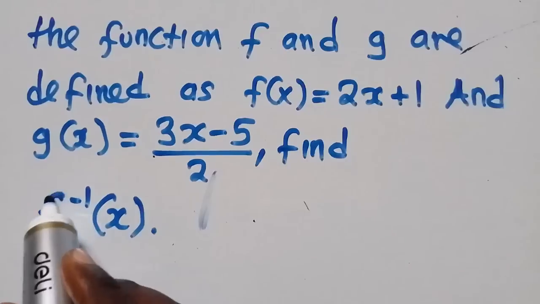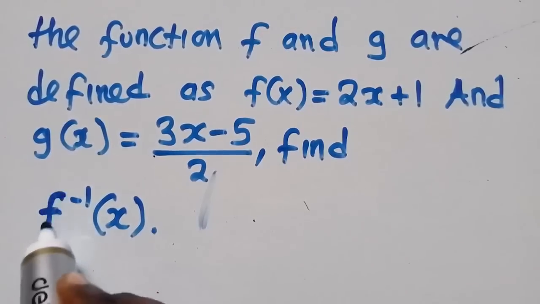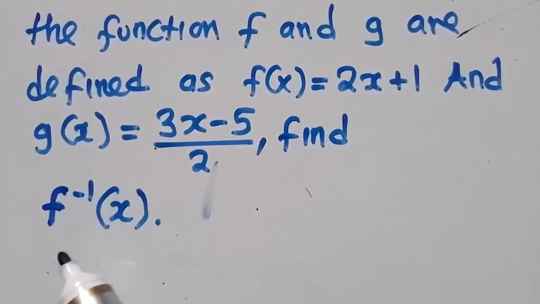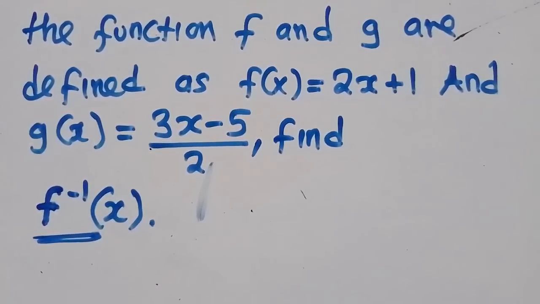This is a past paper question. If you've been going through past papers, you know where this one is coming from. So how can you find f inverse of x?